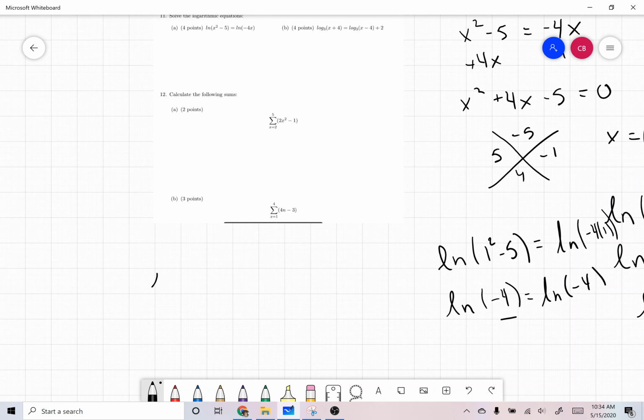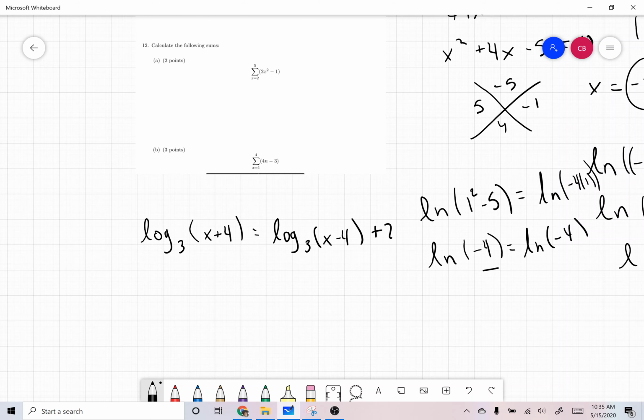For the next part, B, ln of x plus 4 is equal to, oh, I'm not doing ln, sorry. We have log base 3 of x plus 4 is equal to log of x minus 4 plus 2. And so this is going to be, first things first, we need to get these all as base 3.